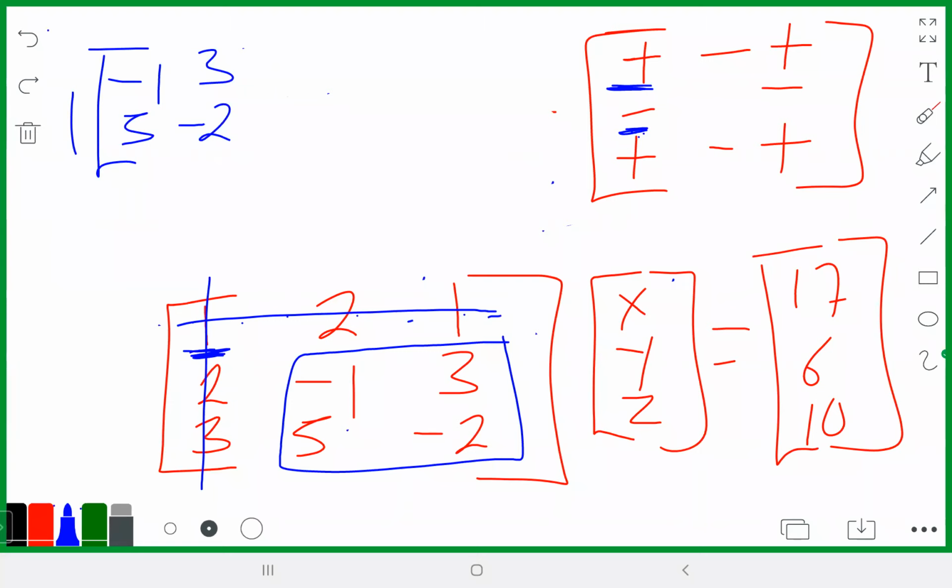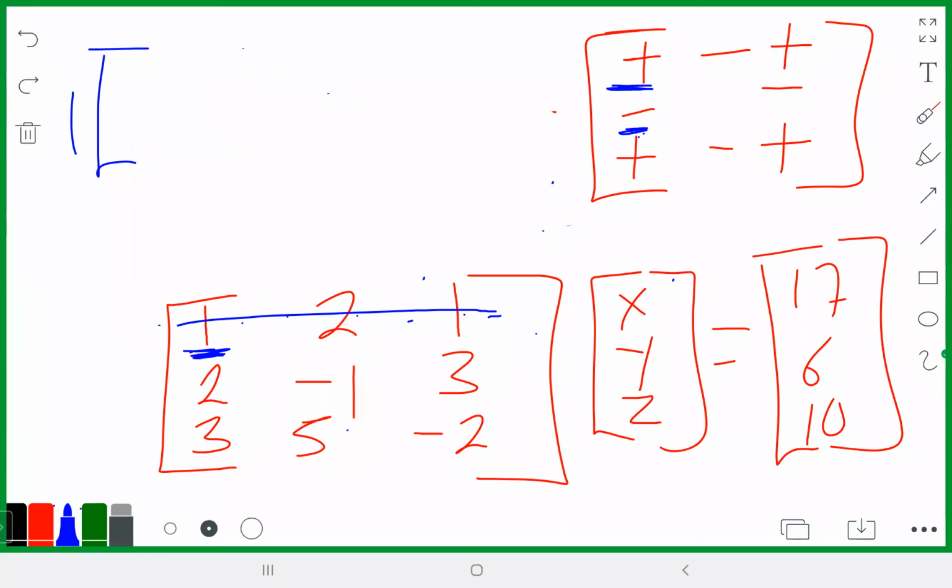Okay. So once you are done with that, let me just remove the lines. So I said you delete this row, you delete the column, so you remain with the -1, 5, 3, and -2.